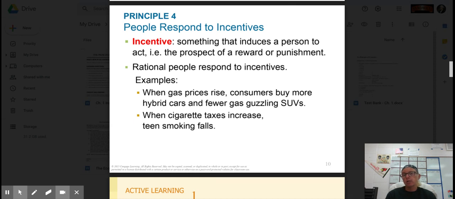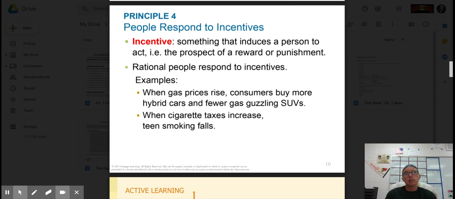So, for instance, when gas prices rise, consumers buy more hybrid cars and fewer gas guzzling SUVs. That's something that the government can do if they want to get rid of pollution. They might increase the price of gas with a tax so that people will want to buy more environmentally friendly cars or carpool. Again, that's us being incentivized by the government. Same with smoking.